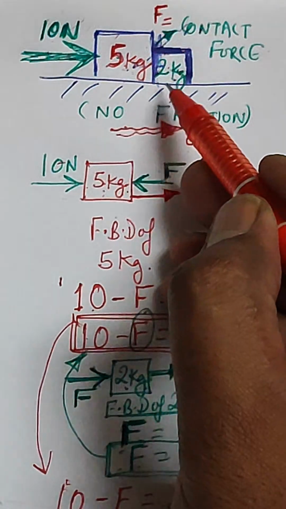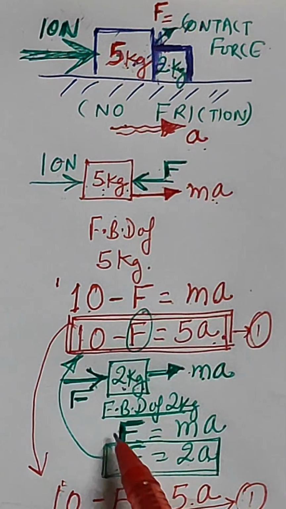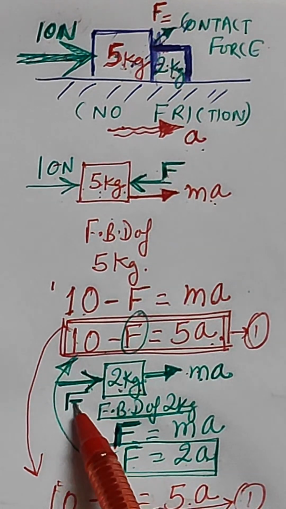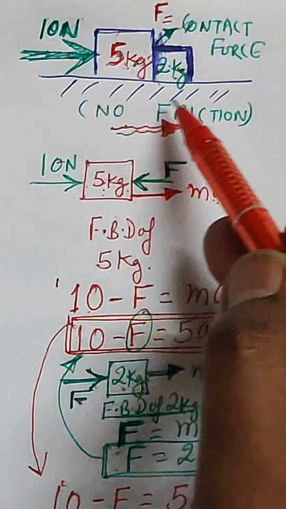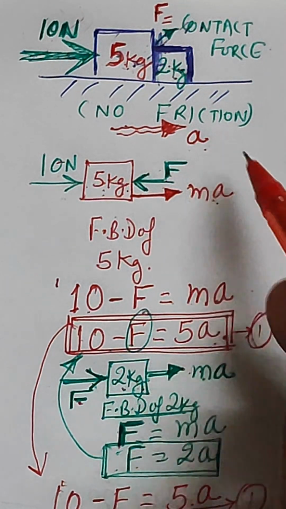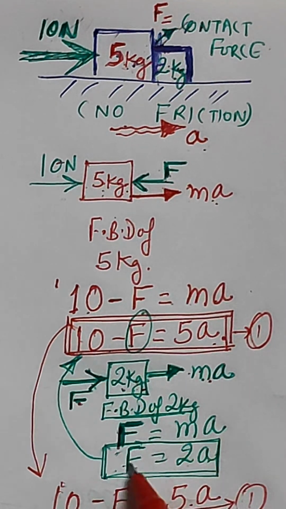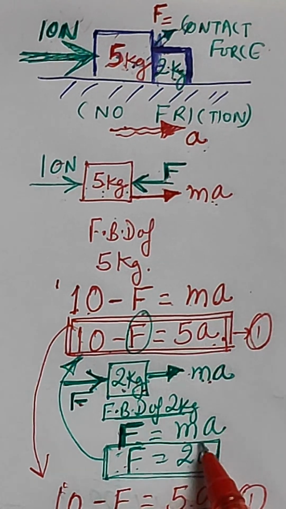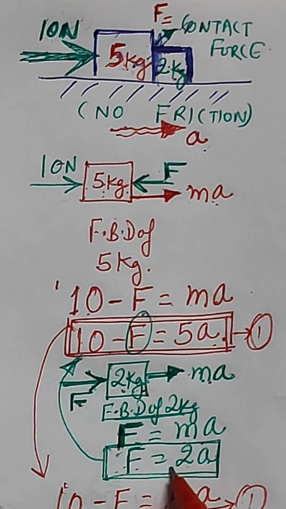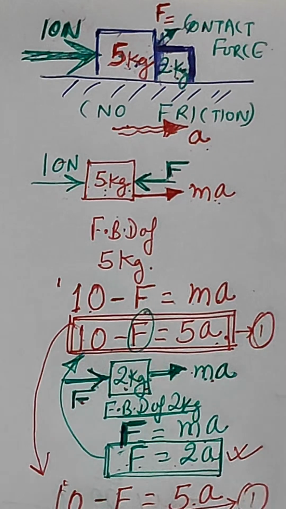Definitely this will be the contact force, and thus the entire system of blocks is moving with the acceleration of a that we have considered. Then ma is the resultant force. That's why F is equal to ma, and when m equals 2, F equals 2a is the other equation which we derived.